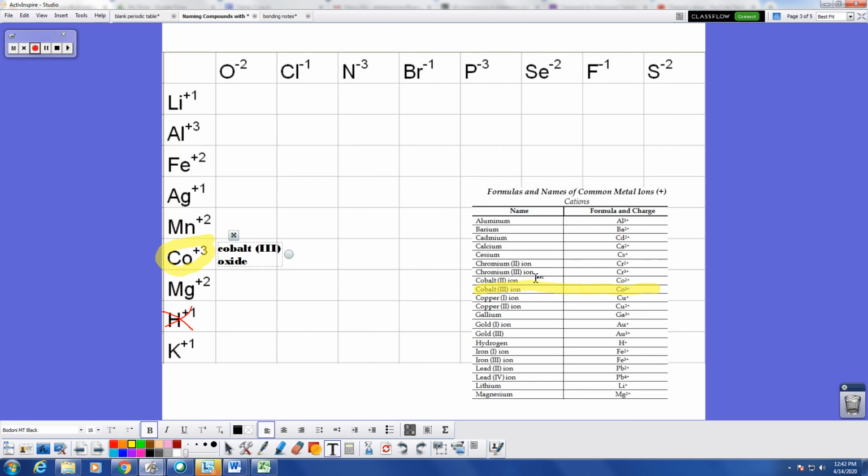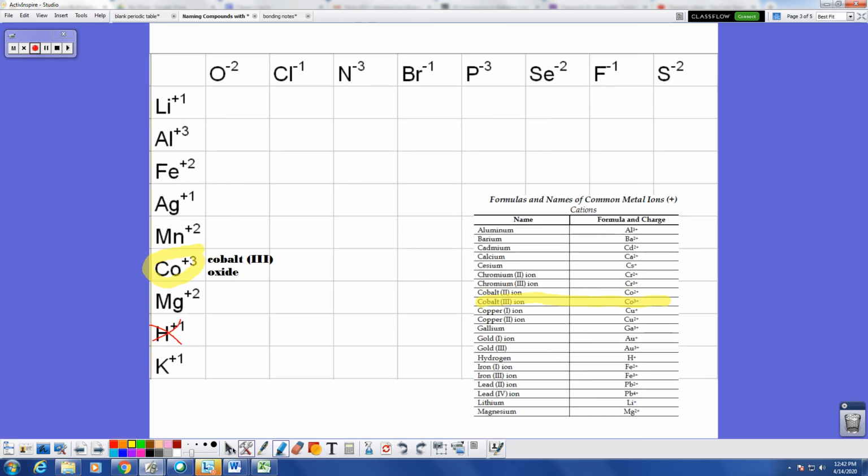Because when you write the name, you don't see the formula. And so if you're writing the name, someone's got to be able to then make that be a formula by knowing what the proper oxidation number is. The only one that's transition that does not apply to is silver. Silver is only silver +1.